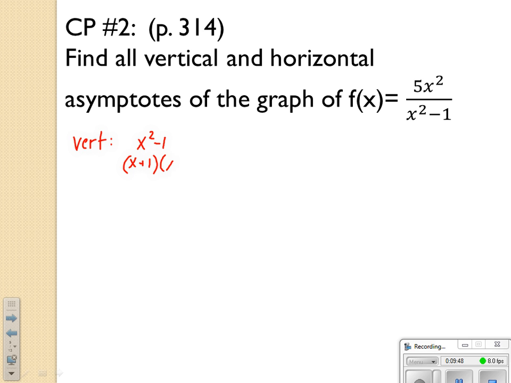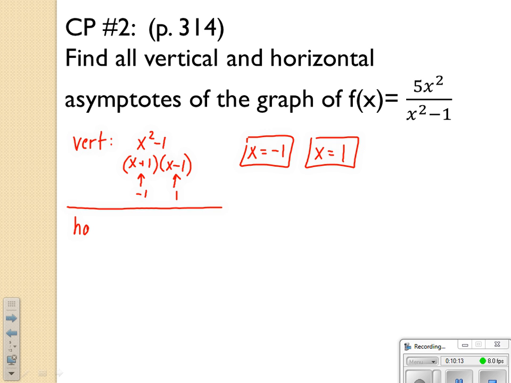It's a difference of perfect squares. It factors into this. I can see a 0 at negative 1 and another 0 at positive 1. So I have two vertical asymptotes: the x equals negative 1 line and the x equals 1 line. My graph is never going to quite reach those vertical lines.